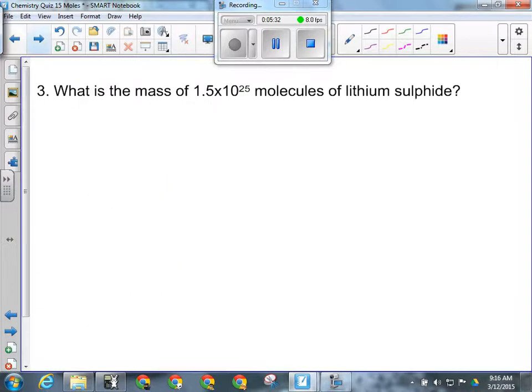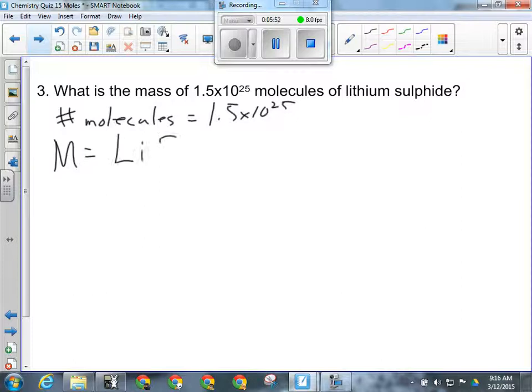Last one. What's the mass of 1.5 times 10 to the 25 molecules of lithium sulfide? They gave us the number of molecules, so that's 1.5 times 10 to the 25, and they told us the material we were dealing with, lithium sulfide. Importance of swapping and dropping.